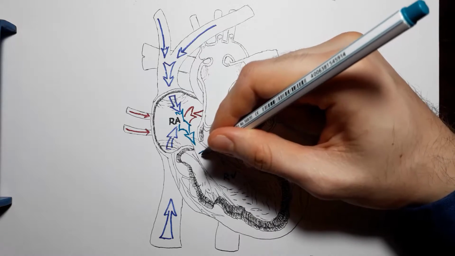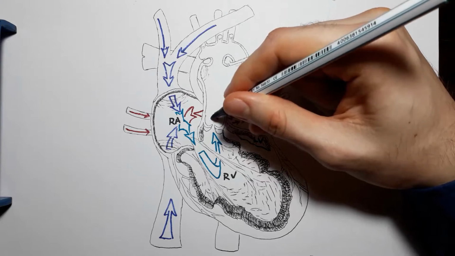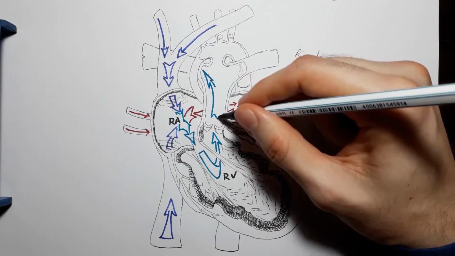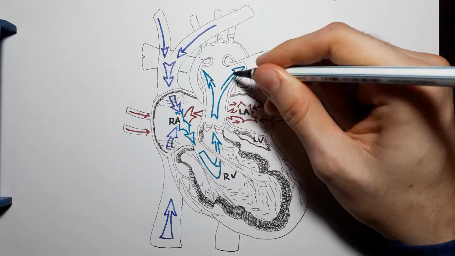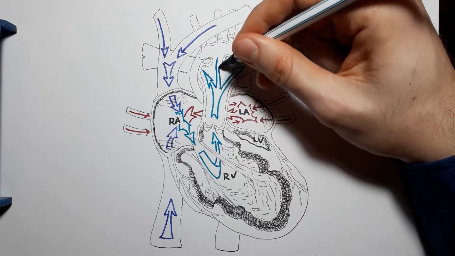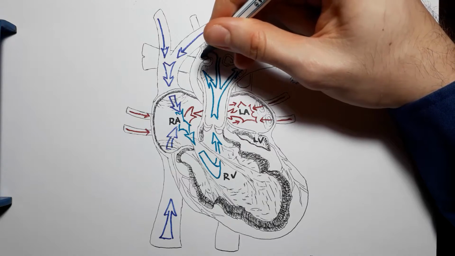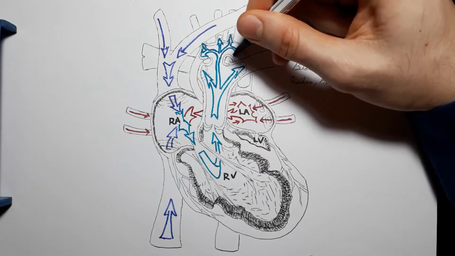The right ventricle shall pump it into the pulmonary trunk, and then some portion of it will go through the pulmonary arteries to the lungs, and another portion of this mixed oxygenation blood is going to go through the patent ductus arteriosus to the aorta, and from there to the rest of the systemic circulation.